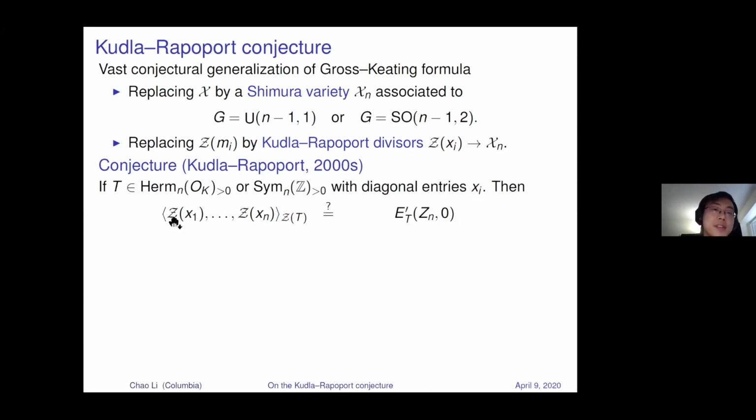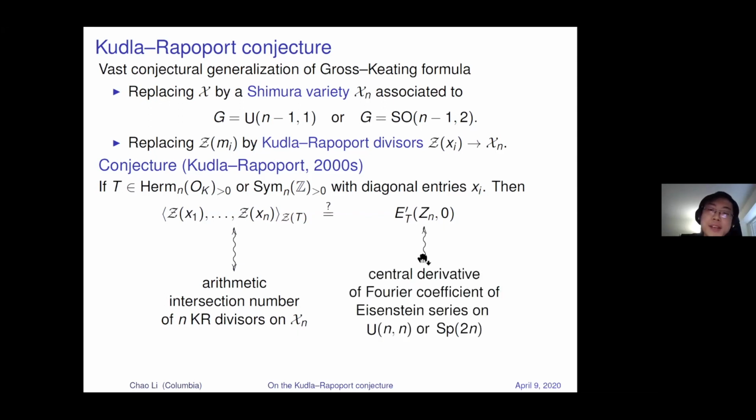Then I have these associated Kudla-Rapoport divisors on this arithmetic n-fold, and I can ask what the arithmetic intersection number should be. And they conjecture that the natural generalization on the right-hand side should be the central derivative of the Fourier coefficient of a certain Eisenstein series, now on a higher rank group. It's U(n,n) in the unitary case and Sp(2n) in the orthogonal case.